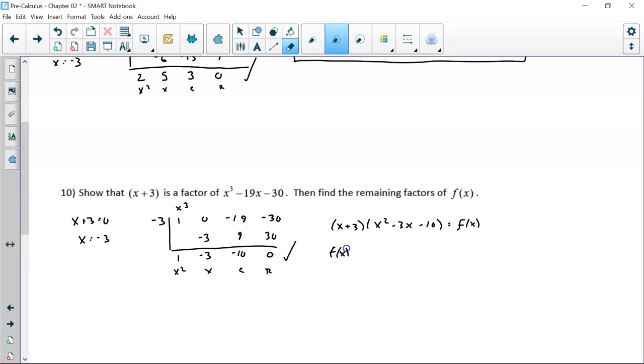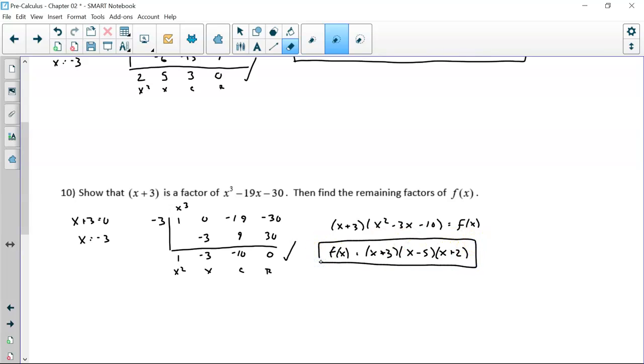I'm going to put f of x over here equals, so we have x plus 3, and our factors, x minus 5, x plus 2. And we just factored that cubic polynomial knowing one of our factors.